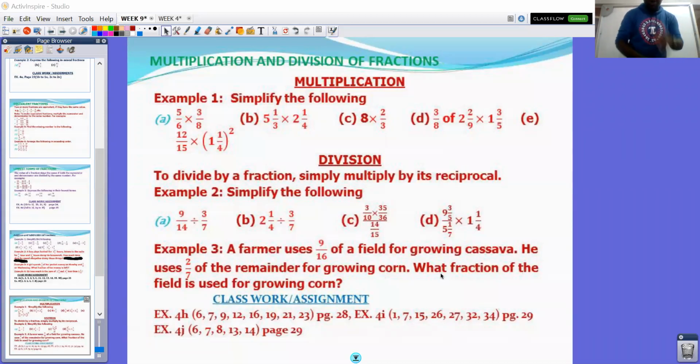I believe you've all copied down the division of fraction up to example 2D. Just stop at example 2D. When you are done, just type in done. Write division of fraction, then example 2, up to question D. I'm following it.